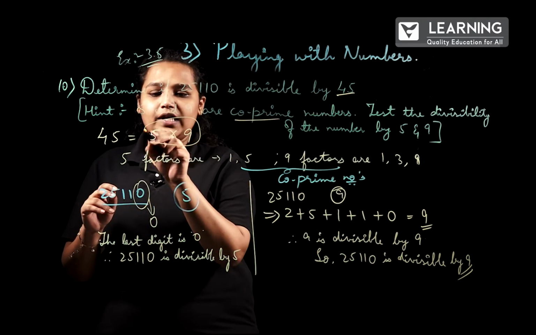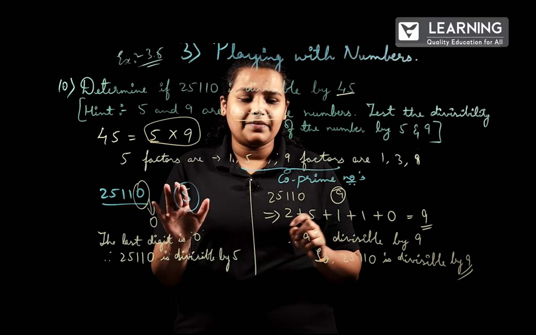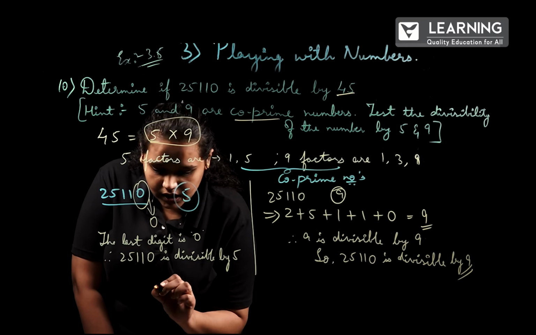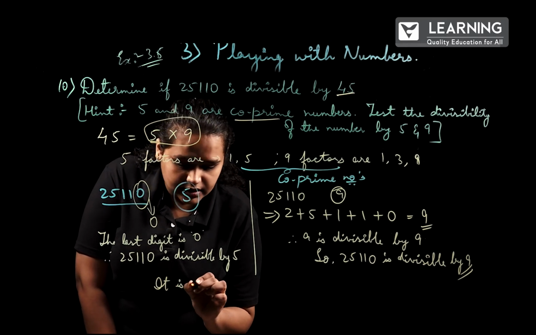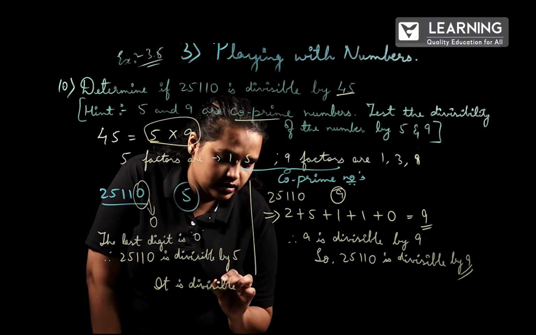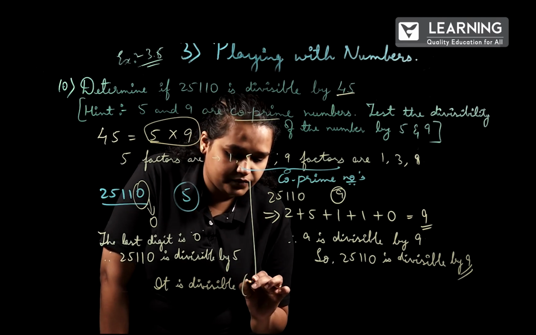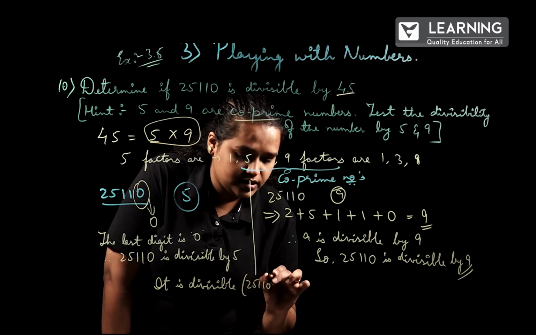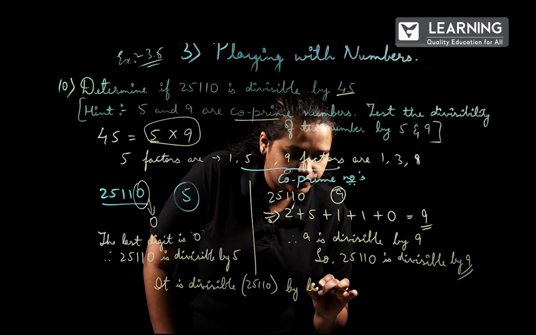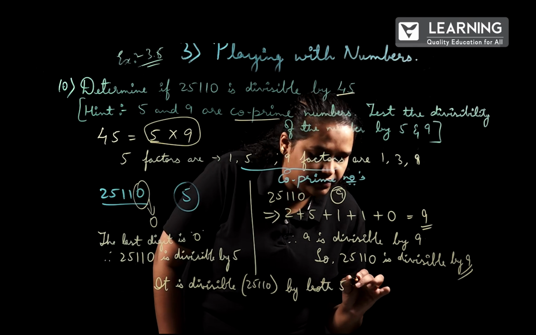Here, can you relate it? It is divisible by both 5 and 9. Therefore, the given number 25110 is divisible by both 5 and 9.